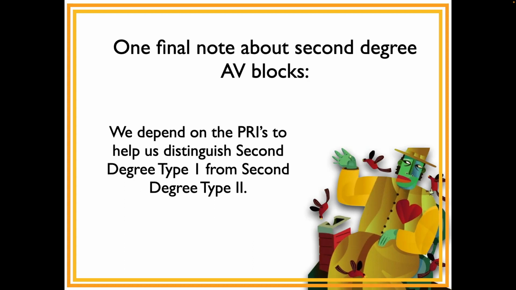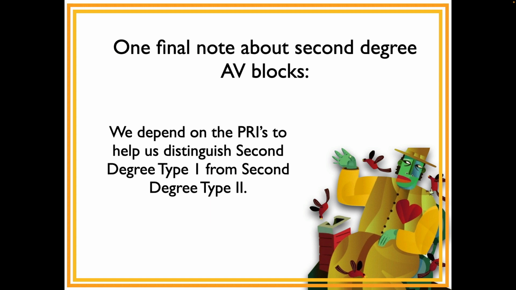Now, we depend on the PRIs to help distinguish second degree type 1 from second degree type 2. And the only reason I'm using Grace as an example here is because she just went, because everybody's made the same sort of, I don't want to say mistake, it's just the same learning process.